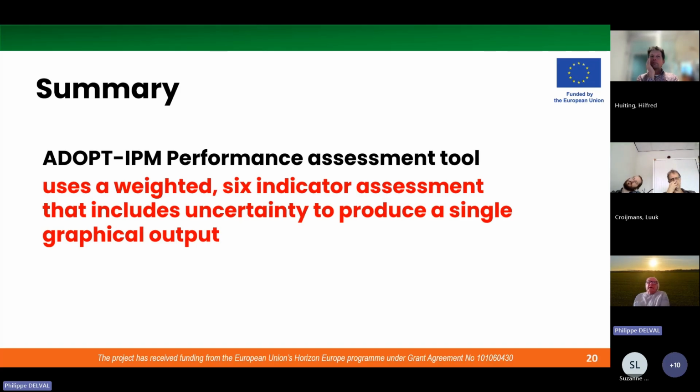So in summary, this performance assessment tool uses a weighted 6 indicator assessment to produce a single graphical output, like you see, and we have to add after that the pesticide load index to have the complete evaluation of the packages.